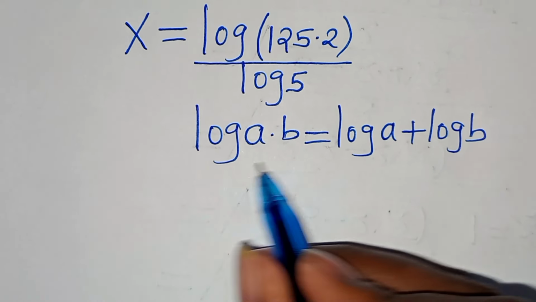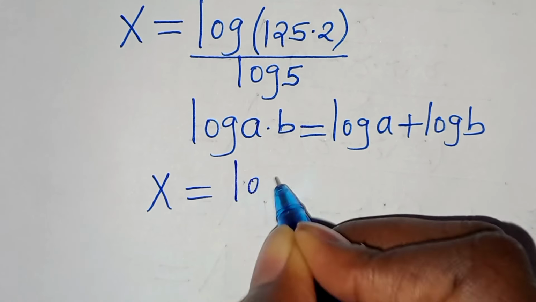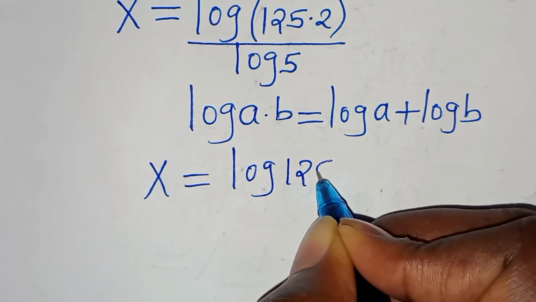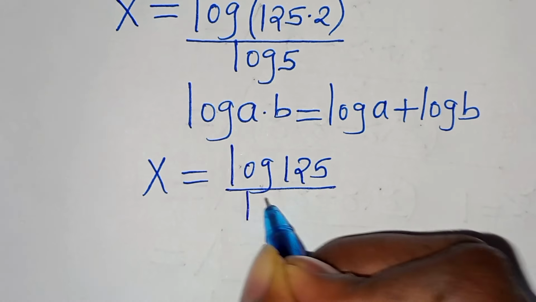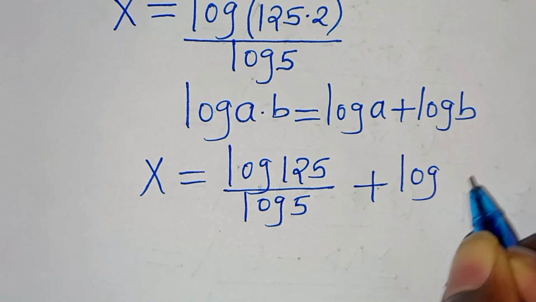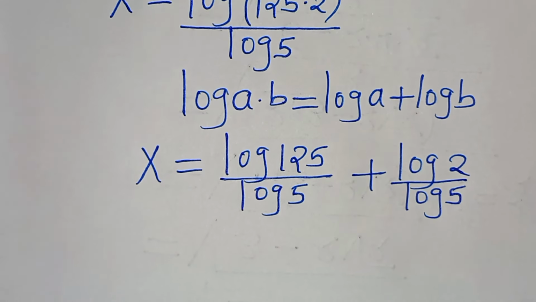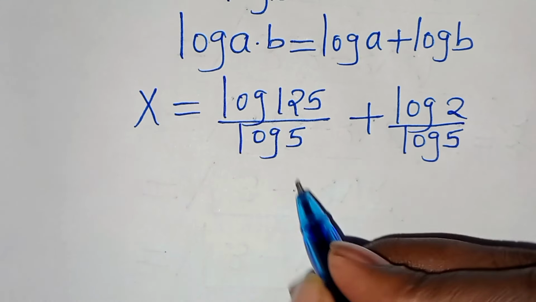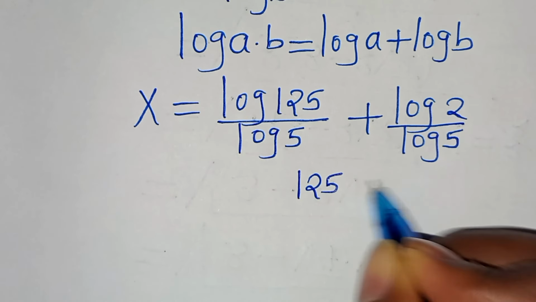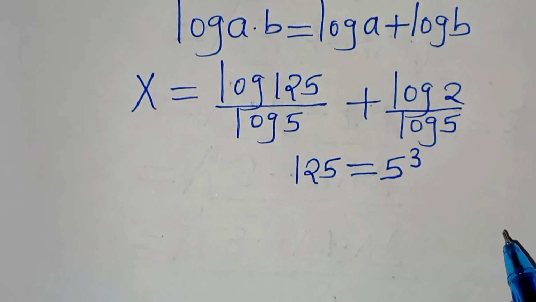So applying this logarithm property, we have that x is equal to log 125 divided by log 5, then plus log 2 divided by log 5. The next step is that we can express 125 as the same thing as 5 to the power of 3.